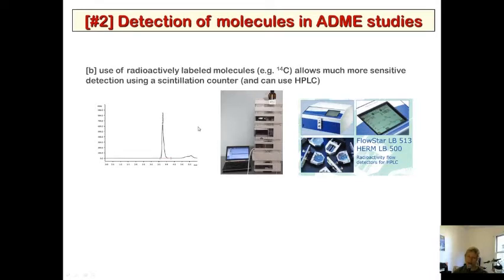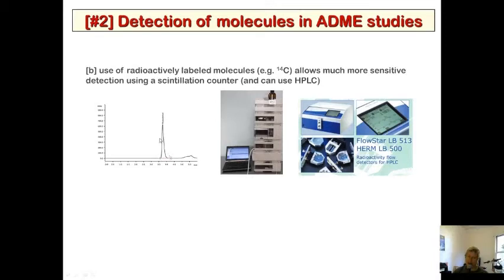So we could use a normal HPLC, but we can swap out the detector at the bottom for something like this, which is a Flowstar LB513 or LB500 radioactivity flow detector. It's kind of like a little mini scintillation counter that analyzes the stream of liquids flowing through your HPLC, and then it gives you the same kind of chromatogram where you see your peak, and you can analyze stuff.